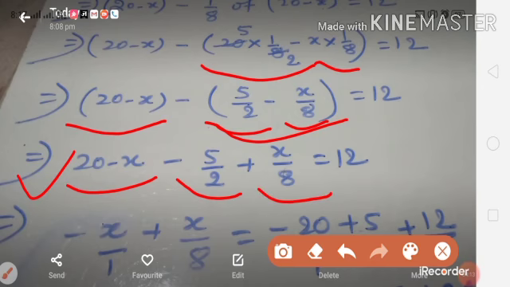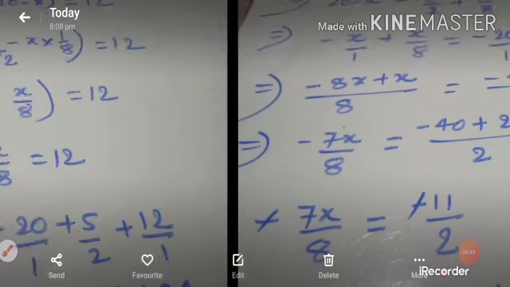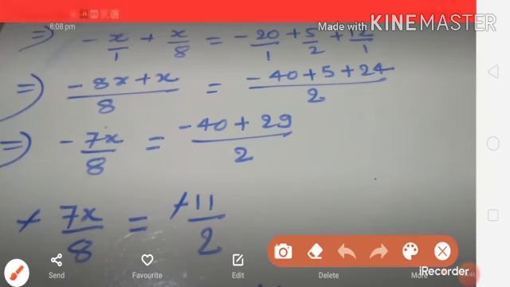Now go ahead, and I think that this becomes simple. Now you have to keep x before the equal sign and the terms without x after the equal sign. In this process, you know that we have to change the sign of the term whose place is changed. So go ahead to the next line.